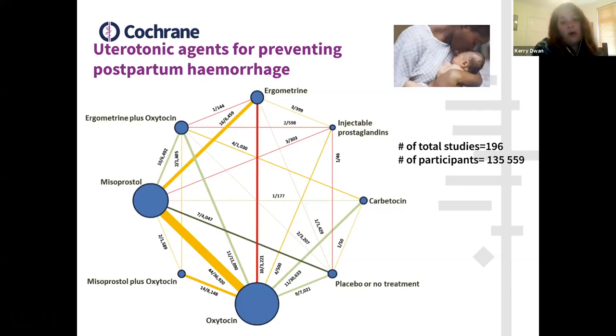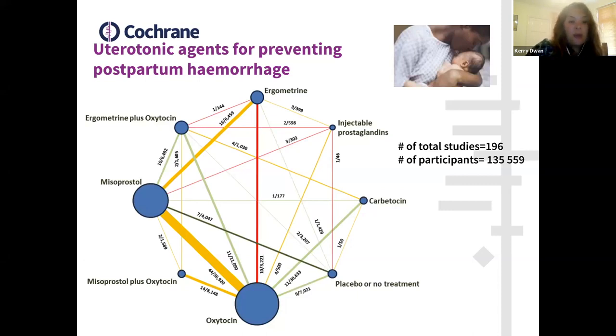And this is a more complex network meta-analysis. So the last slide I showed you, there were just 3 interventions, A, B, and C, and we could combine those. And here we have quite a few more. This is the uterotonic agents for preventing postpartum hemorrhage review I mentioned. And this diagram shows the network for the outcome preventing postpartum hemorrhages less than or equal to 500 millilitres.